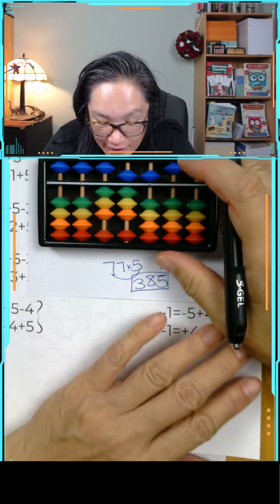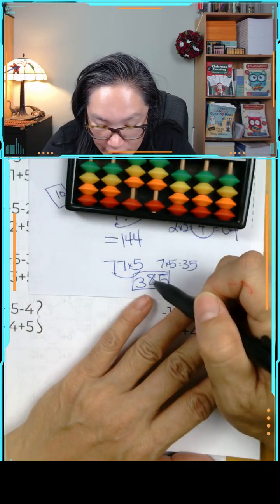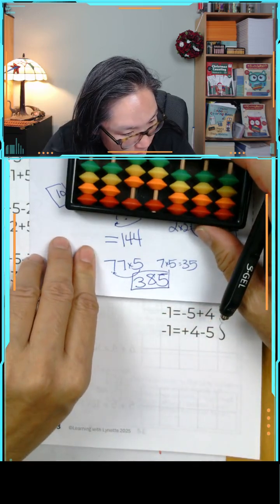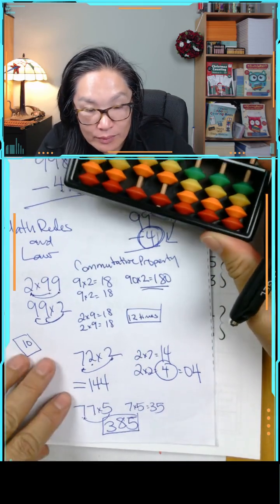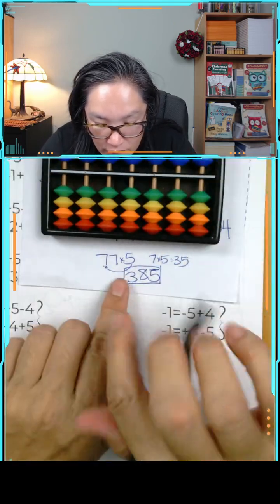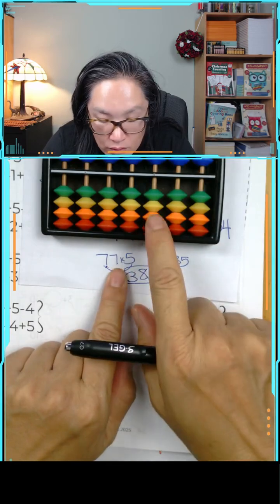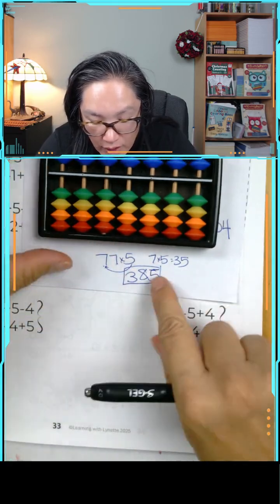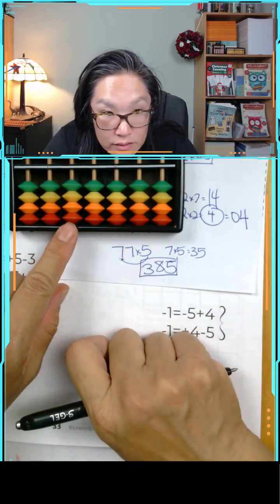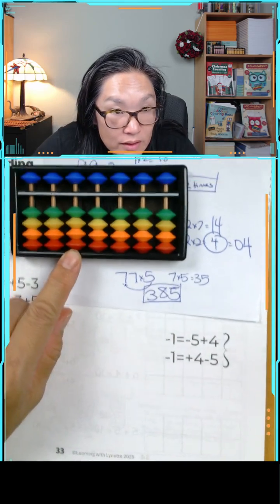All right. So we have 385. So that's what we're doing. I think that's it. One more time, please. Okay, let's do it again. We're going to count the amount of digits. 1, 2, 3, right? Why? Because we have 3. Oh, can't see that. Hold on. There we go.